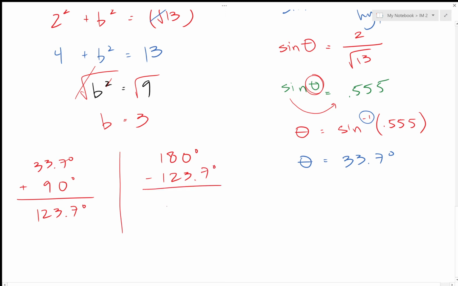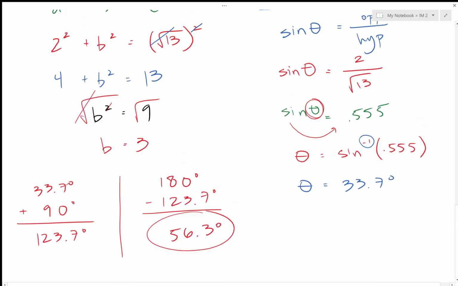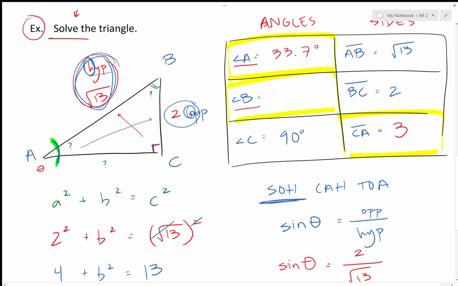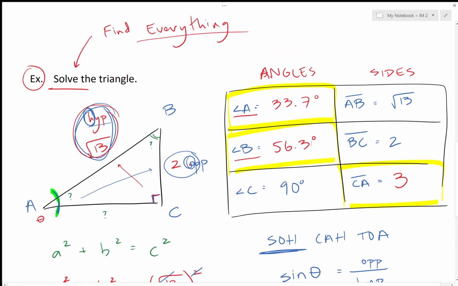And subtracting those gives me 56.3 degrees. So that's my missing angle here. In the case of our table, that's angle B. And now we found out everything. We've found the 3 sides, we found the 3 angles. I don't really need you to write it back onto the triangle. You see how it's kind of getting messy over here. This right here, I'll be able to interpret, and it shows me the 3 missing sides and 3 missing angles.